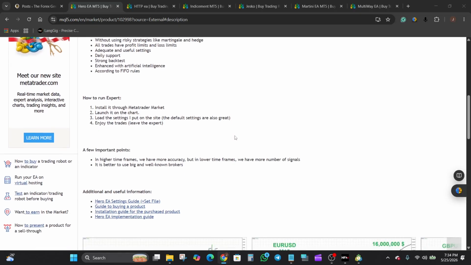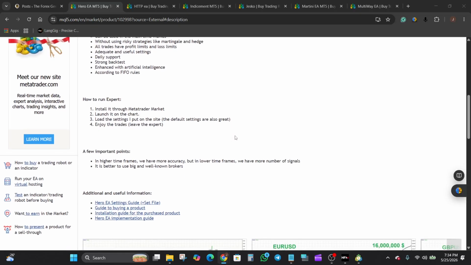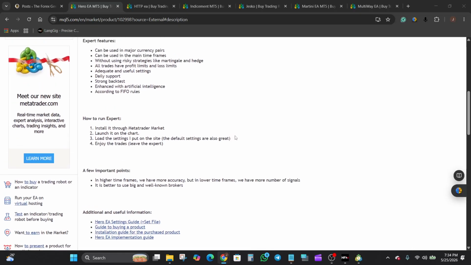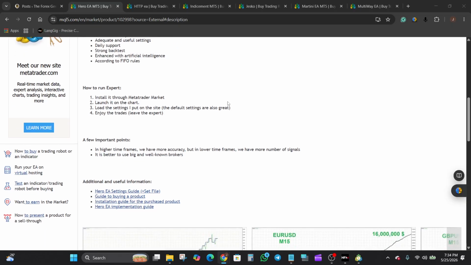All right, moving into the backtesting section, this is where we can evaluate how the expert advisor behaved historically. The developer highlights a strong backtest performance, and what I'm mainly looking for here is how consistently it handled different market conditions over time rather than focusing on any single outcome.